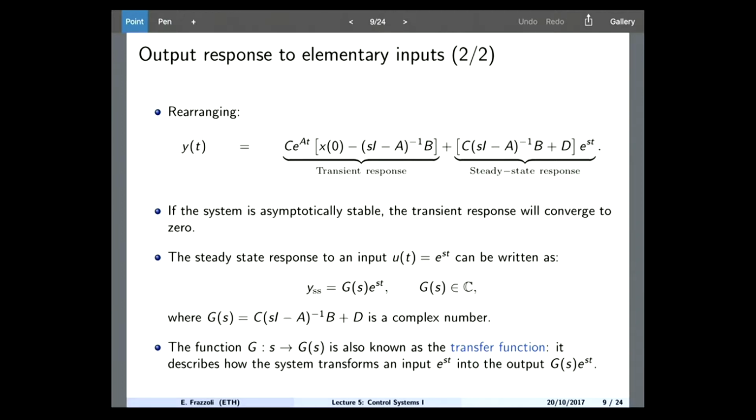Okay? Now, the important thing here is that the shape of the output is exactly the same as the shape of the input, multiplied by a matrix that could be complex.